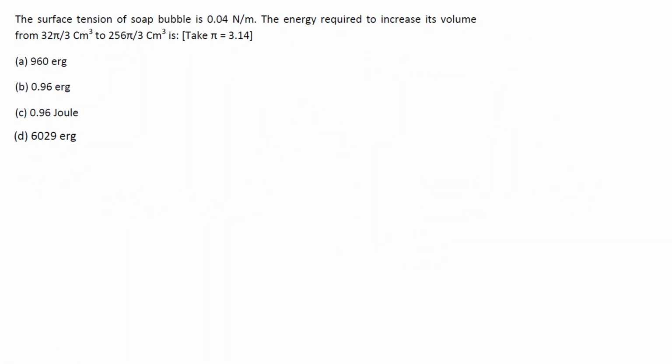Now the next question. The surface tension of soap bubble is 0.04 Newton per meter. The energy required to increase its volume from 32 pi by 3 to 256 pi by 3 centimeter cube is. So again we have here a soap bubble whose surface tension value is 0.04 Newton per meter, and the energy required to increase its volume.